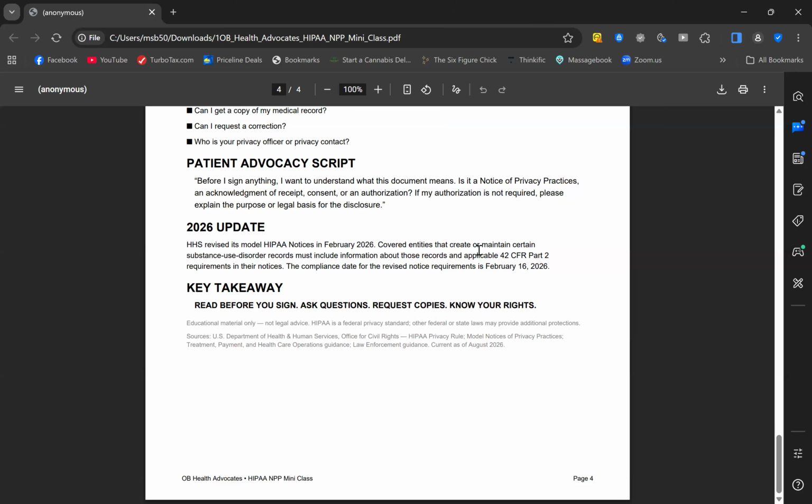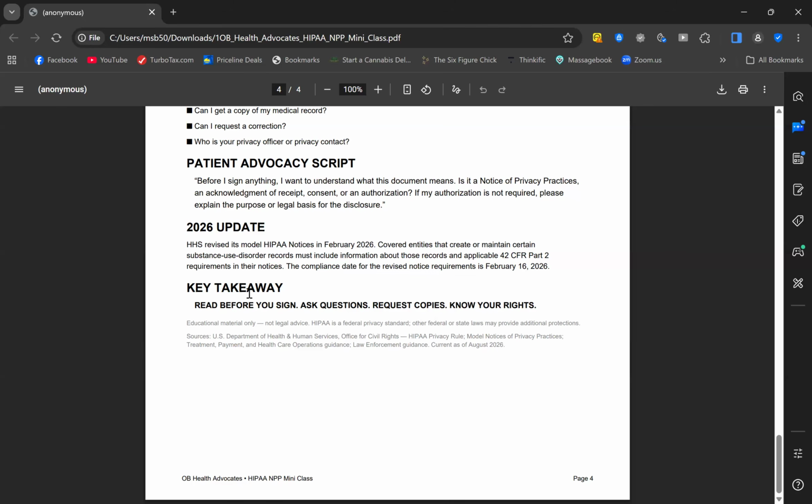Covered entities that create or maintain certain substance use disorder records must include information about those records and applicable 42 CFR Part 2 requirements in their notices. The compliance date for the revised notice requirements is February 16th, 2026.